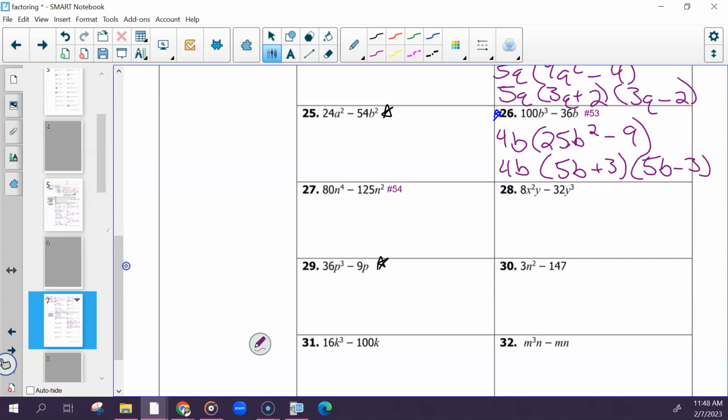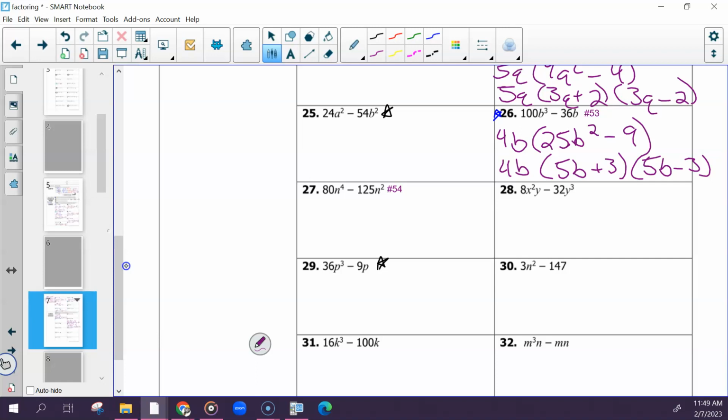Do those have something in common? Remember, you can use the Desmos if you're not sure about the factors.